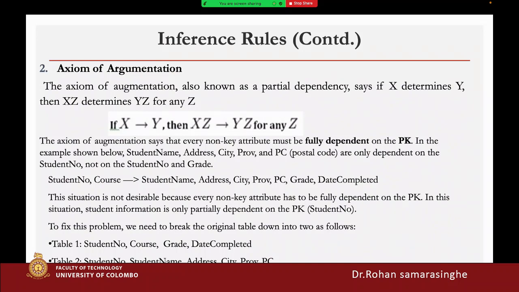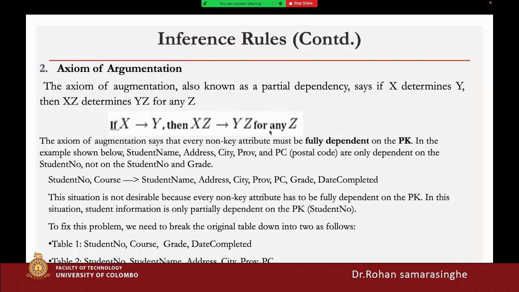If X determines Y, then XZ determines YZ, for any Z.